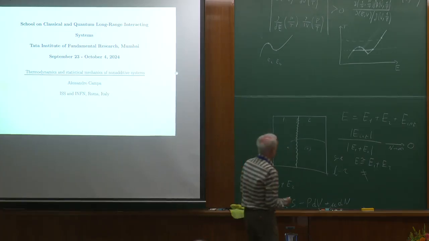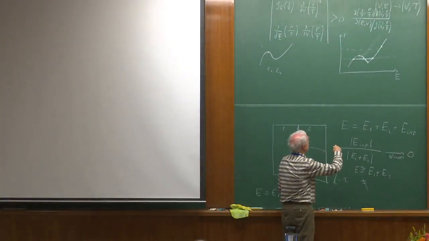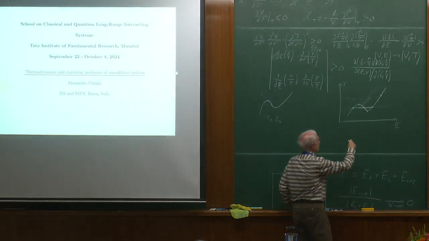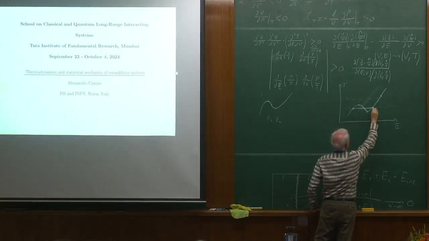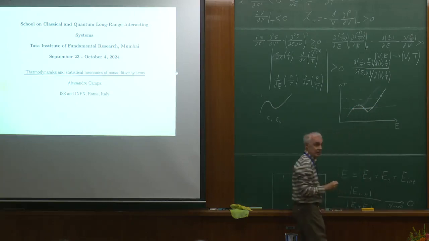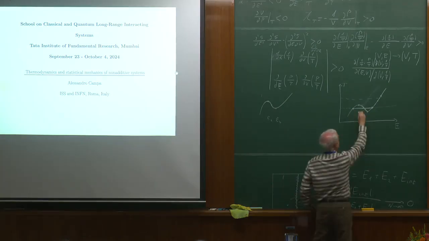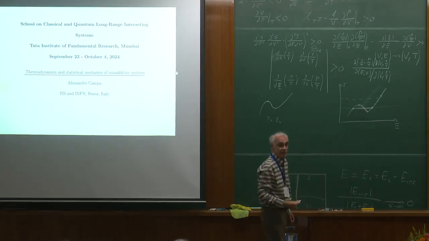And going back to that picture, this means that what I was saying before is not possible here. The system has to really jump from here to here in the canonical ensemble, because there is no way to be in equilibrium with two different phases in this range of energy, like it happens for short-range systems.